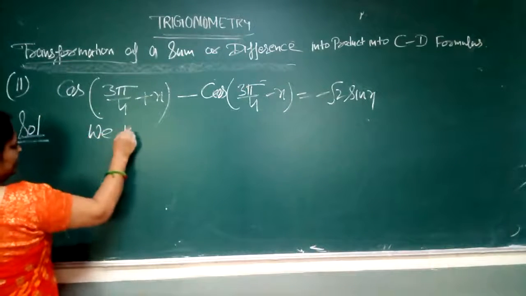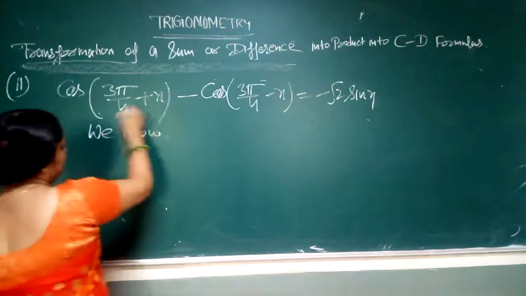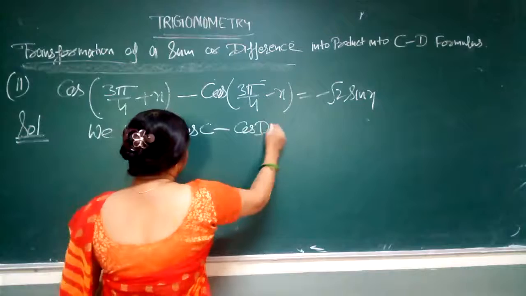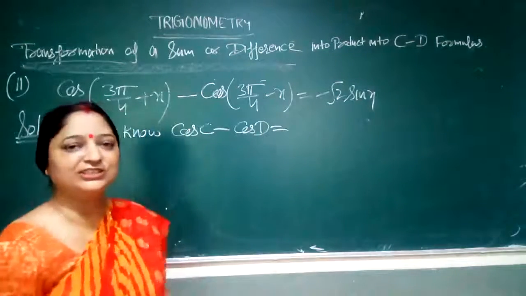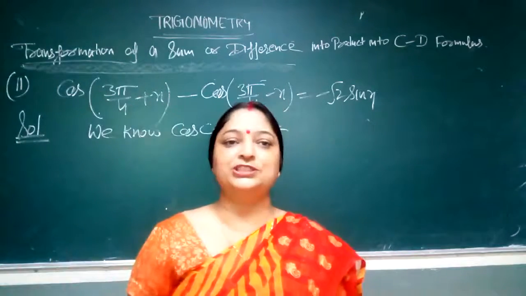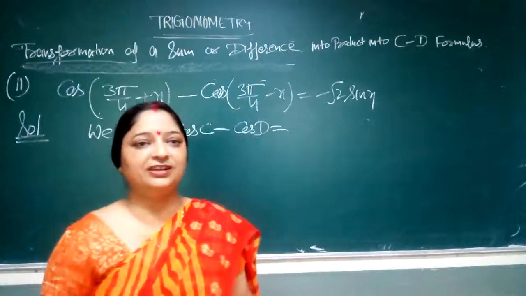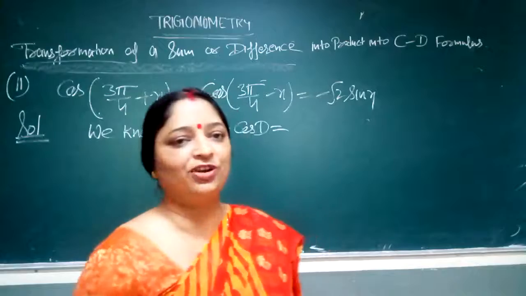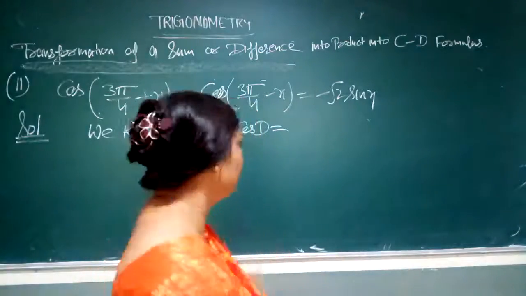We know the CD formula. What is the formula of cos C minus cos D? I told you cos is boss, so a single term will come. Cos separates the sum and the difference terms, rejecting the sum only.